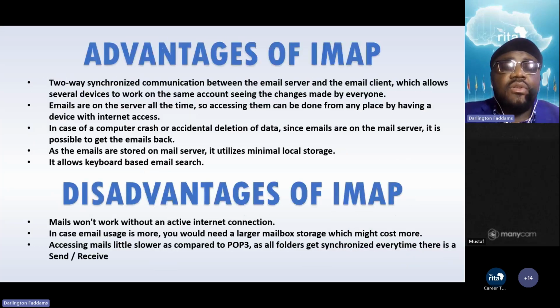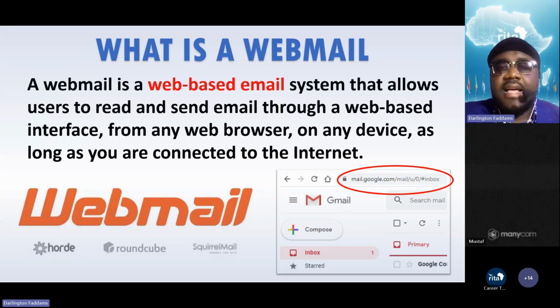The next thing to look at right now is about how the messages are read. In computer networking, there are several layers that control the transfer of information. The last layer is called the application layer.